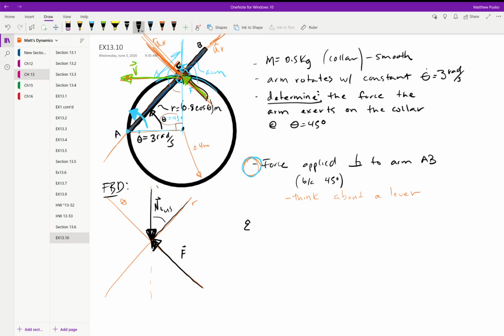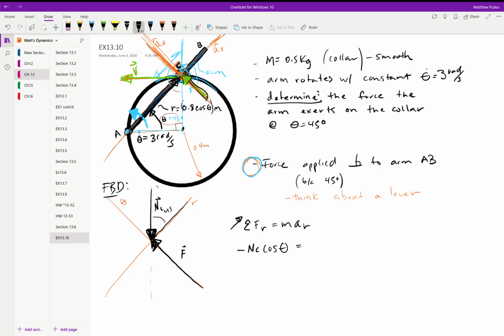So let's start summing forces. If I sum the forces in the radial direction, it's going to be equal to mass times the acceleration in the radial direction, and positive would be up, away from our origin. We have a component of the normal force, which is a negative N_C cosine 45, or let's just put in theta.